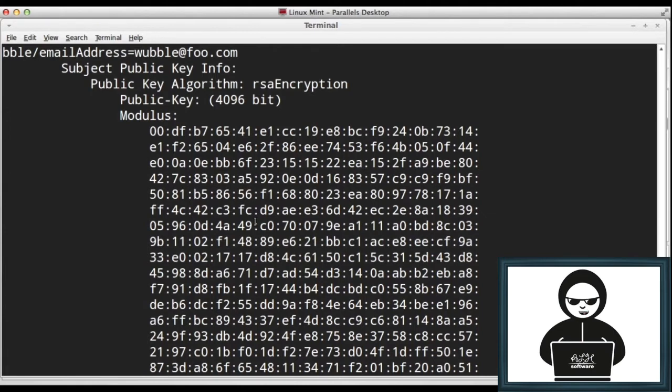You may have heard of PGP, which is short for Pretty Good Privacy. It was developed by a guy by the name of Phil Zimmerman in 1991. PGP also implements public key cryptography, but it implements it in a different way.